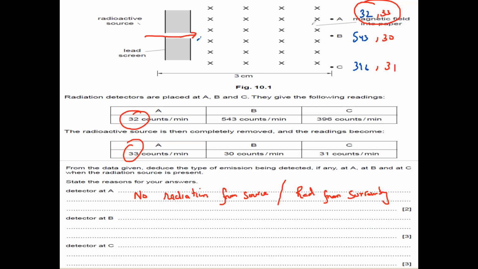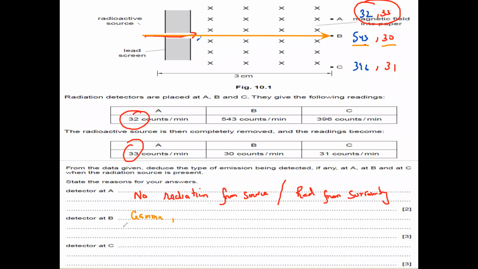Then what about B? When there is a source, it was 543 radiations, but without the source, it is 30. So the radiation has decreased, and the radiations are coming directly from the source to B without deflection. So what kind of radiation is at B? It should be gamma radiation.